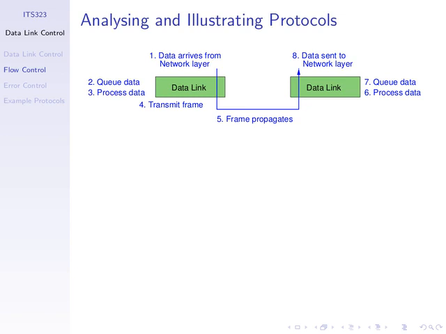It is processed, so there may be some processing delay. And then that data is transmitted as a frame, and that incurs some transmission delay. It propagates across the link, and at the receiver, it's processed. Some delay is incurred. It may wait in a queue in memory, and then is sent up to the network layer. That's the normal set of steps for the flow of data through the data link layer.